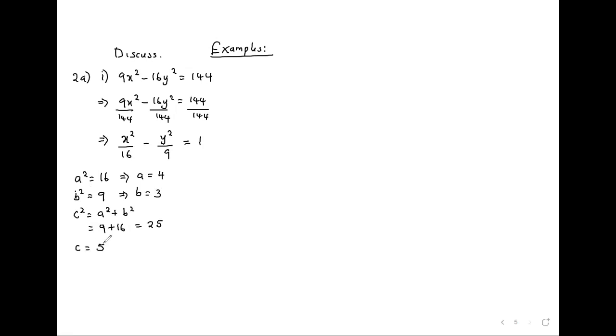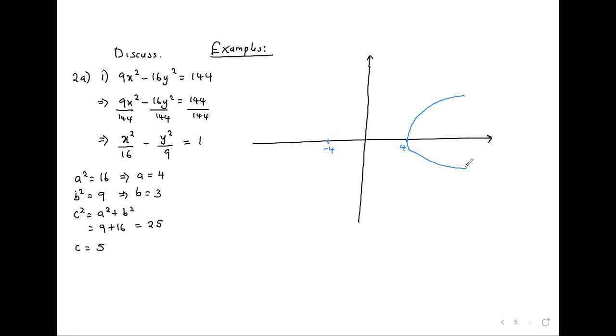So when we go for a sketch, we'll say, okay, this guy has vertices at -4 and at +4. So it has a vertex here, and it will go like this.